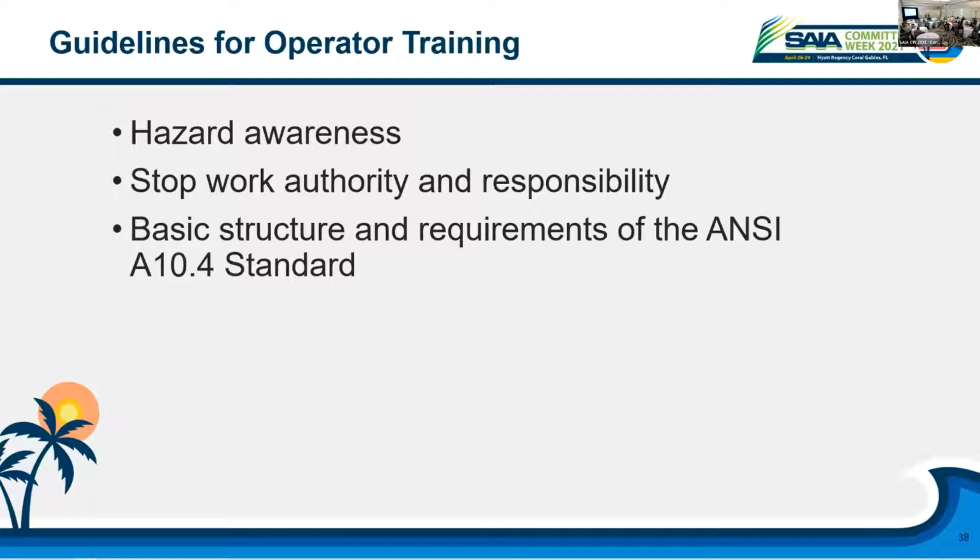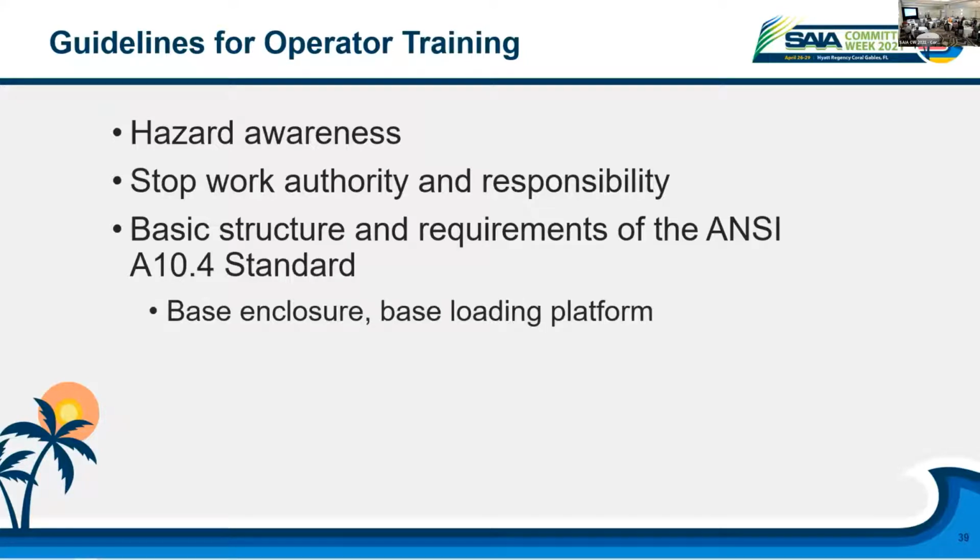We will also suggest that there will be some review of the portions of the ANSI A10.4 that are important to the operator. Some clearances on floor landings. What's the allowable distance between the elevator car door and the landing door on the structure? What's required at the base? What's required for different situations under emergencies?